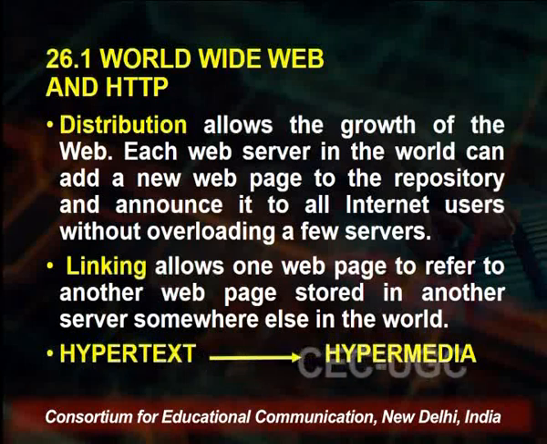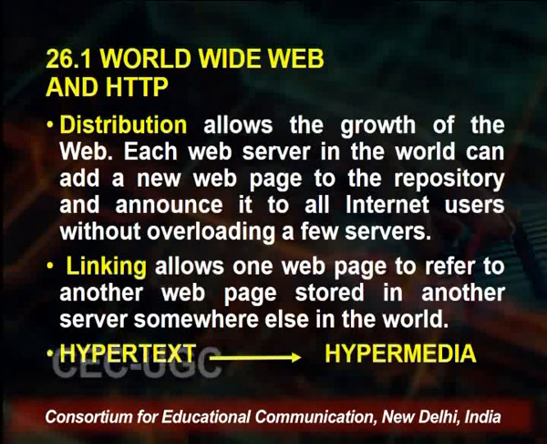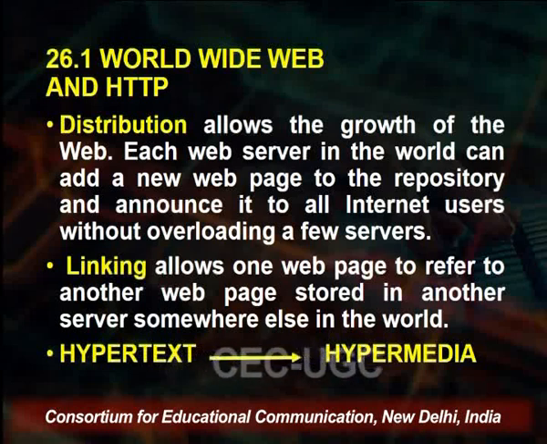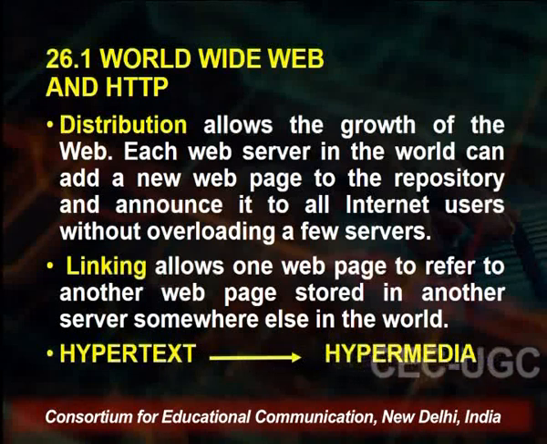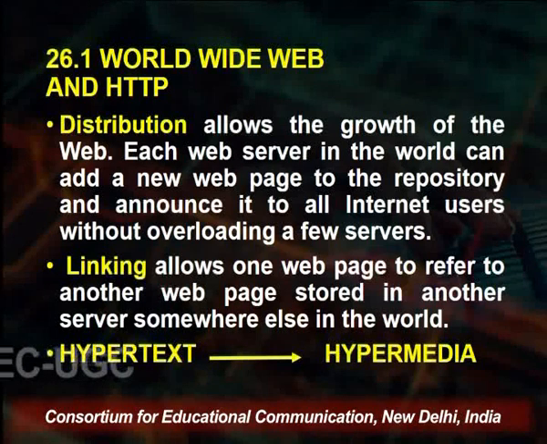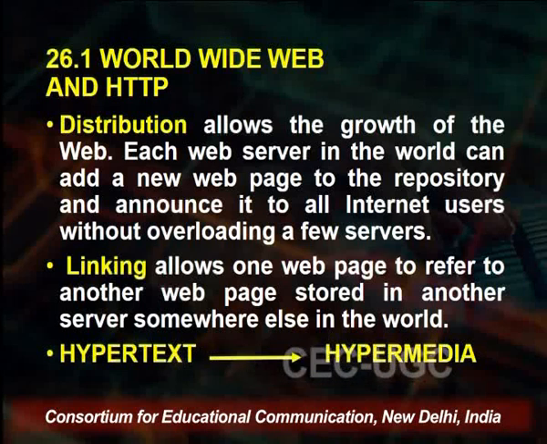Another important aspect of the World Wide Web is the linking of the pages. Every page is linked, or can be referred to by another web page, and this web page could be stored somewhere else in the world. So what we are talking about is hyperlinking, that is linking between the different pages.